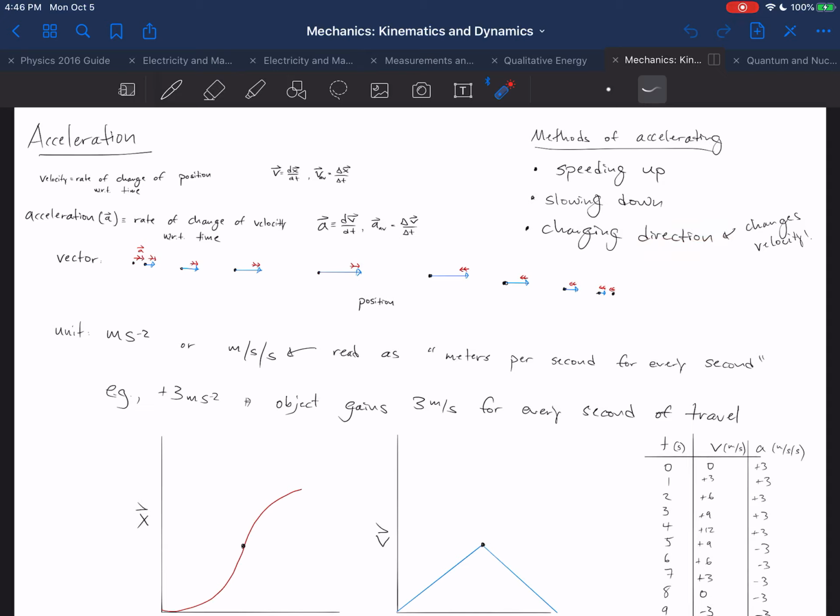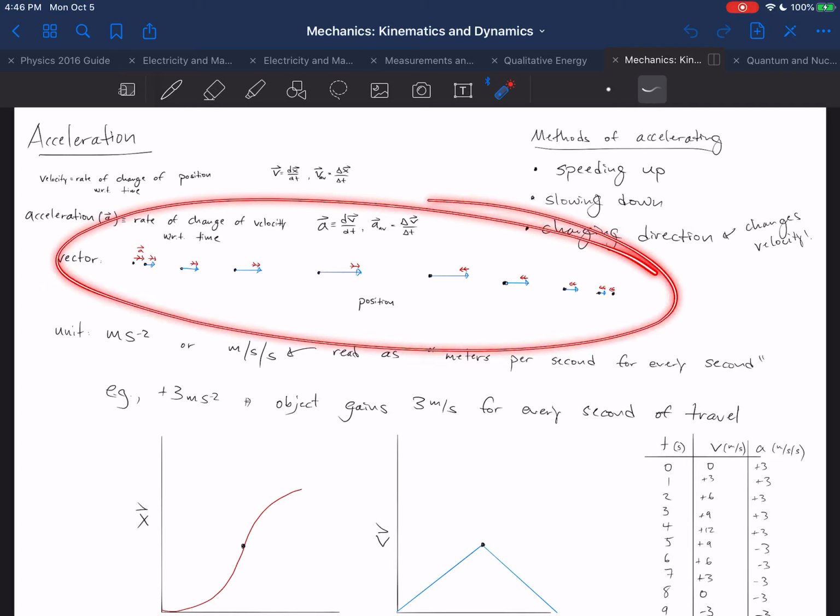Notice that if you change the direction of your velocity, then even if you don't change your speed, which is entirely possible, you can be accelerating. And we will see this in a later unit in great detail. So one of the ways to accelerate is to change direction. Or you could do some combination of changing direction and slowing down, or changing direction and speeding up. All of those things are reasonable.